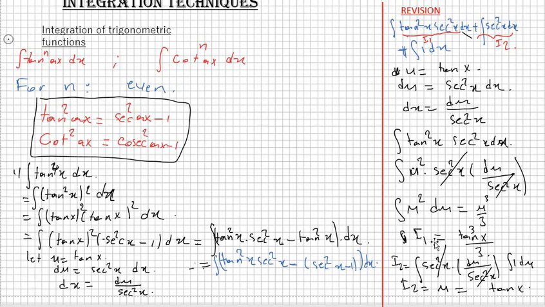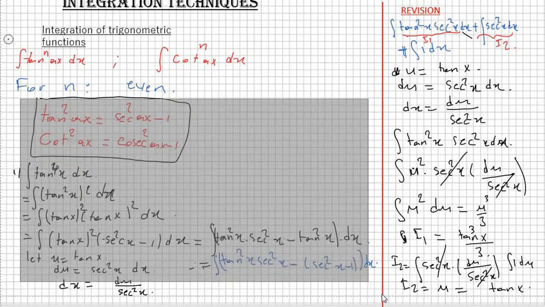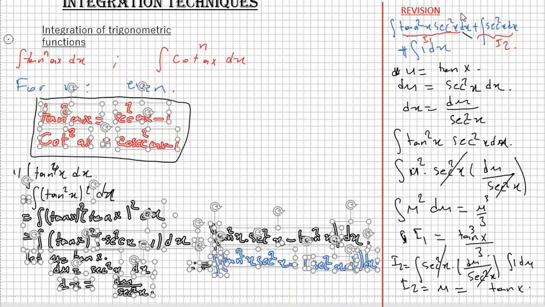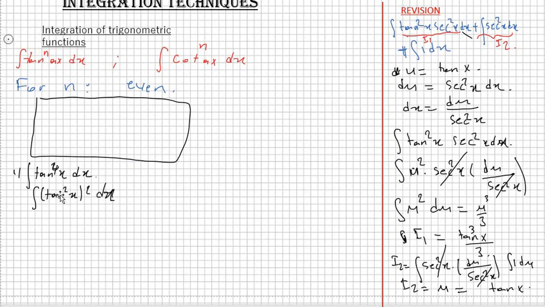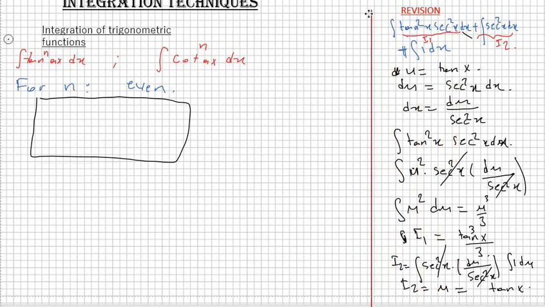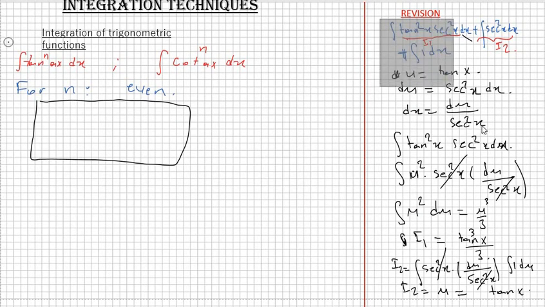So now the final expression will be the combination of I1, I2 and I3. So in other words, we have this.